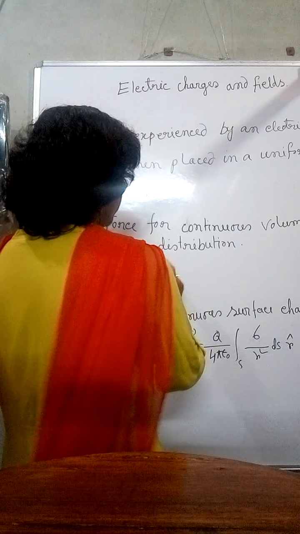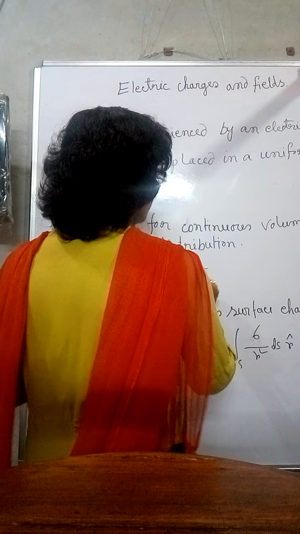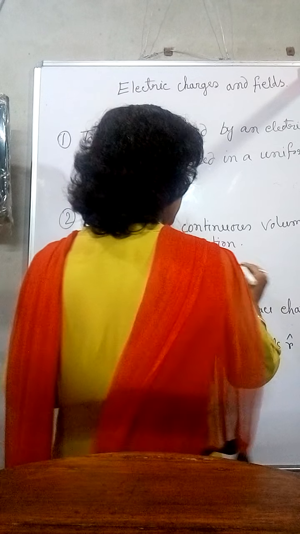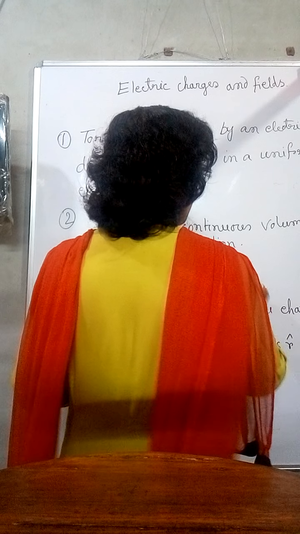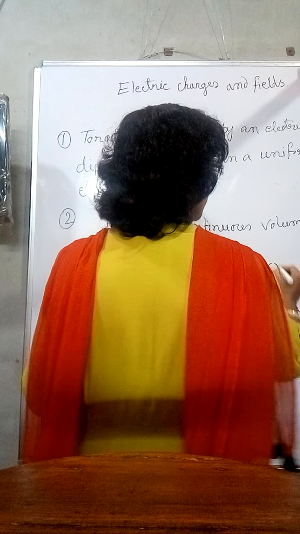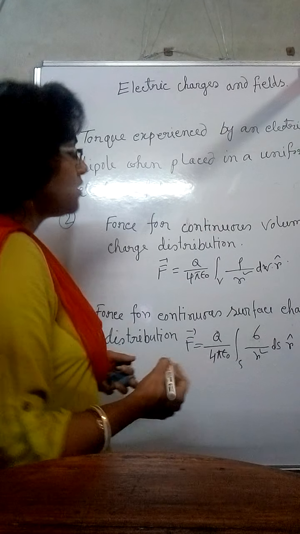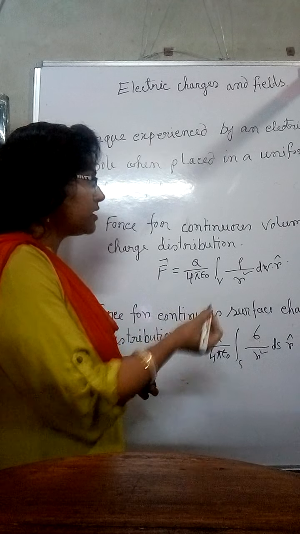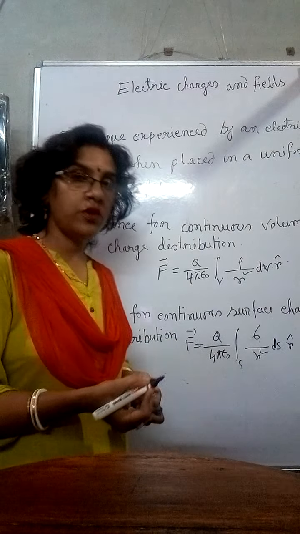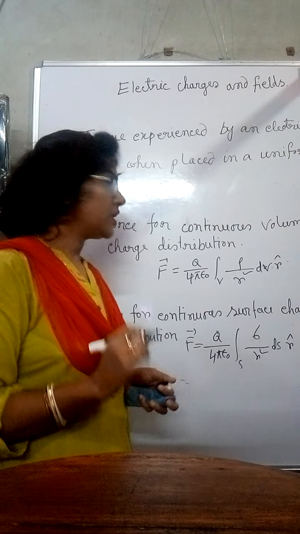It will be F is equal to Q by 4 pi epsilon naught, volume integration of rho by r square dv r cap. So in this way we can calculate the force for linear charge distribution, surface charge distribution, and volume charge distribution. That's all from continuous distribution of charges.